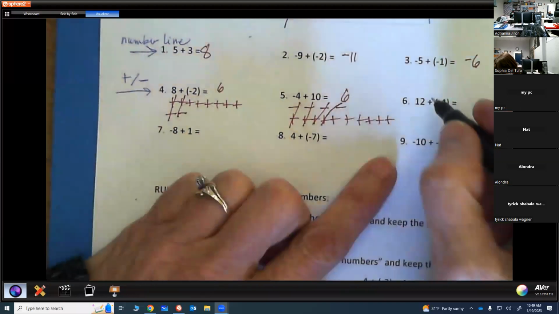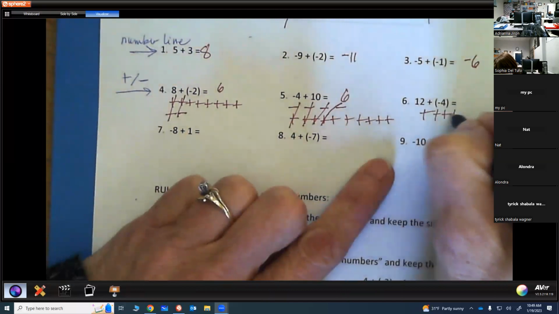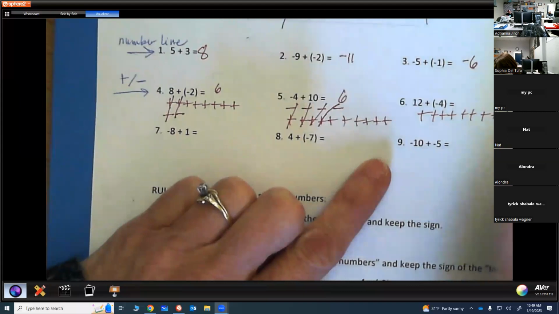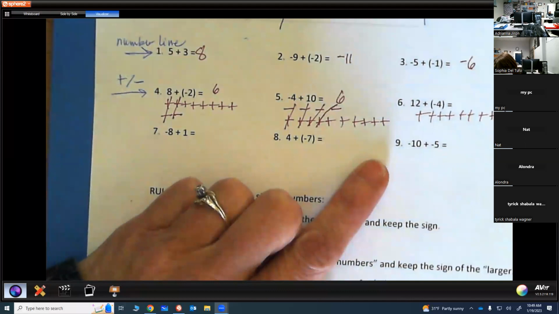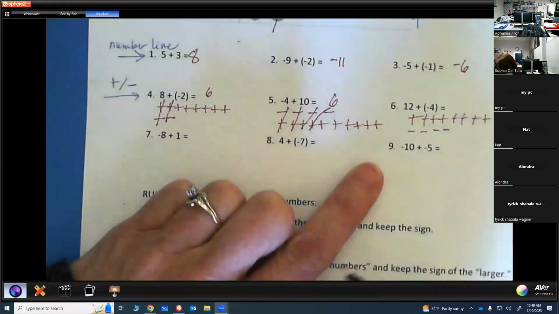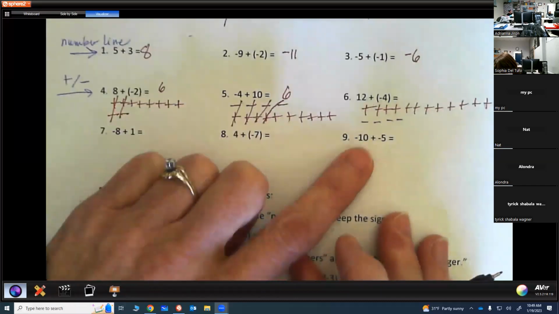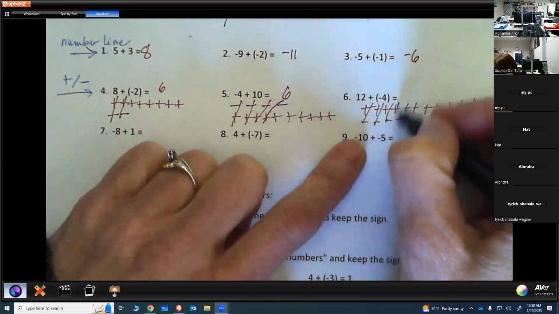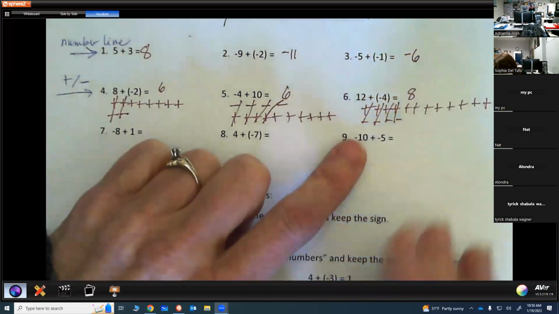And then number 6, if I start out with 12, 1, 2, 6, 7, 8, 9, 10, 12, and then I add 4 negatives. Remember that my negatives are going to wipe out 4 of those positives, and then I'll only be left with 8.